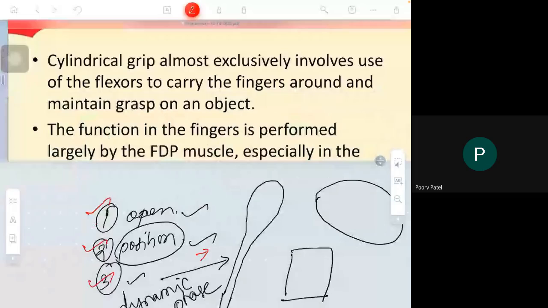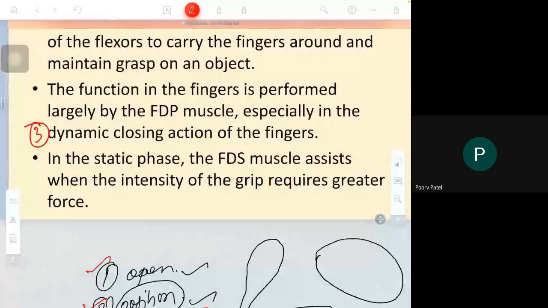The function in the fingers is performed largely by the FDP muscle. So what is FDP? Flexor digitorum profundus. You know the attachment?